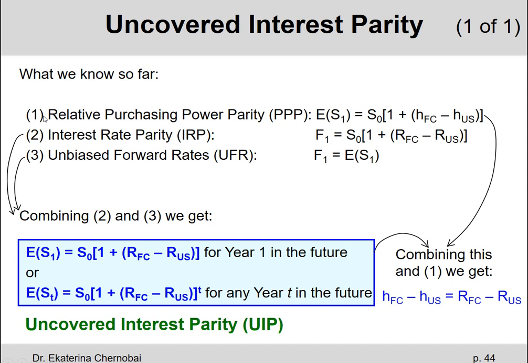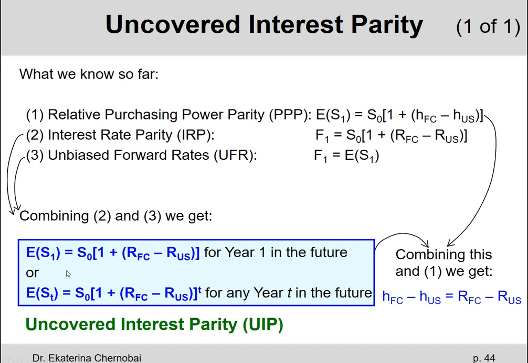So if you compare formulas 1 and the uncovered interest parity, they should look pretty much identical except for what we add to 1 in the brackets. In the relative purchasing power parity formula, which is formula number 1, in the brackets we have 1 plus H, which is inflation rate in the foreign country, minus the inflation rate in the US.